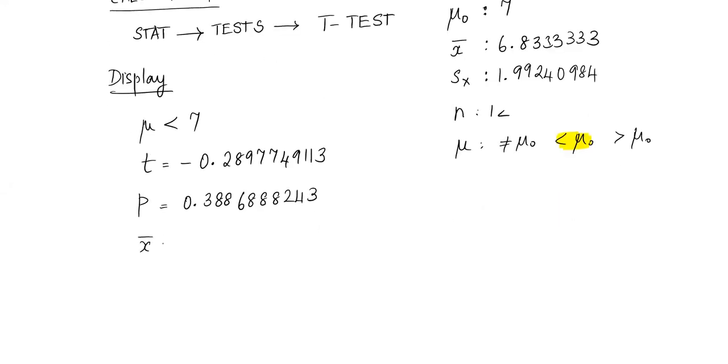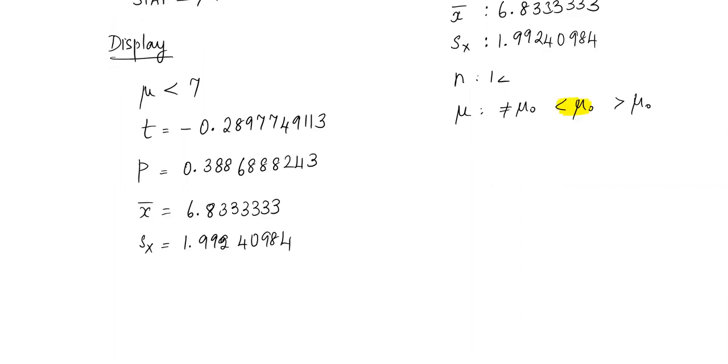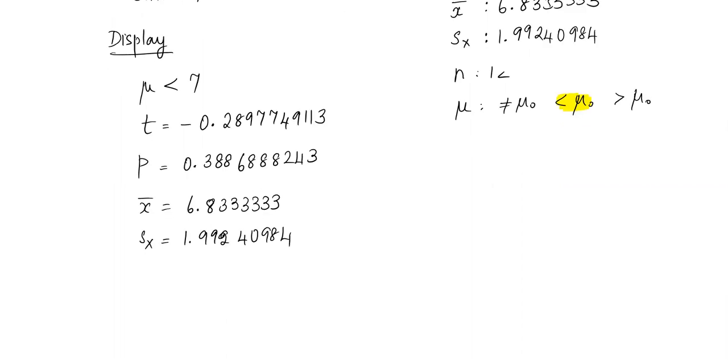X bar comes out as 6.833, the one that you entered, so it should not be any different. Sx is given to be 1.99240984. Now, if you use the data, this is helpful to see if the X bar and the Sx all match correctly, so that you called upon the correct data list. This kind of helps as an inbuilt check.